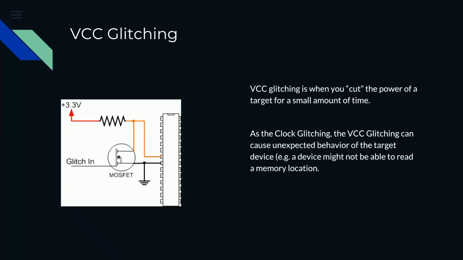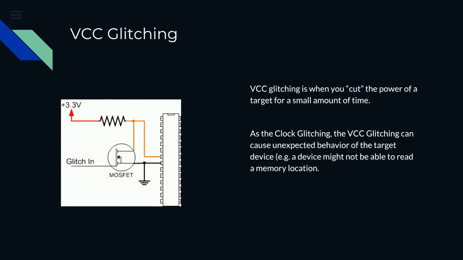You do it very quickly, otherwise the device is going to reboot. With this kind of attack, for instance, you could make a memory read operation return invalid data, or not perform it at all.